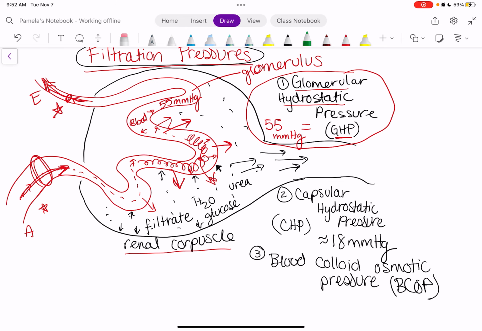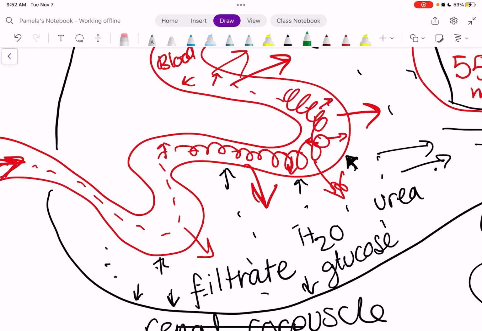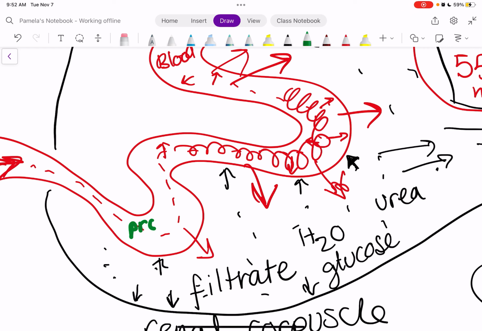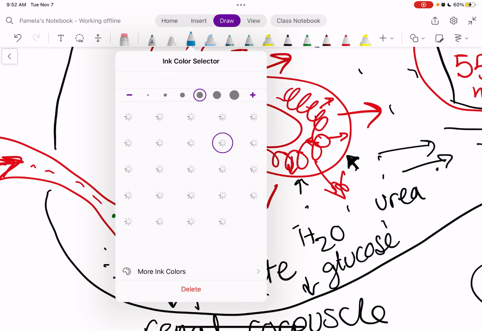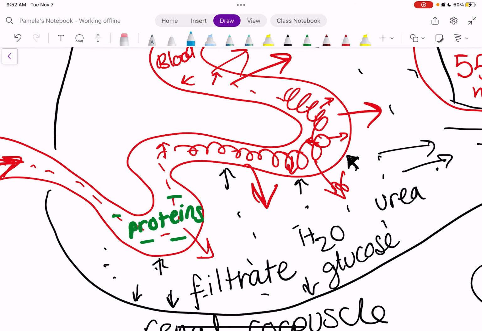to, let's zoom in here a little bit, the presence of proteins that are trapped in our bloodstream. And remember, proteins have lots of negative charges associated with them. They're very hydrophilic, so they have this attractive force where they pull water from other compartments in the body toward them.